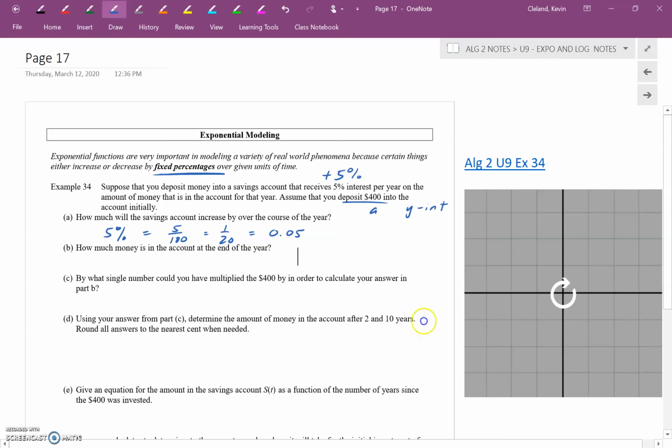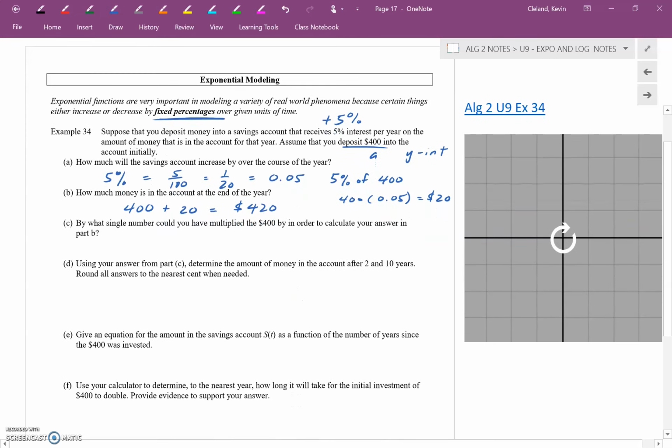So 5% of 400, you can calculate a number of ways. Simplest way would probably just be to take 400, multiply it by 0.05 and get 20 bucks. So we're adding 20 bucks onto our original investment. And we have $420 now.